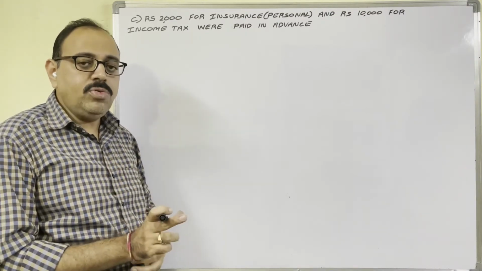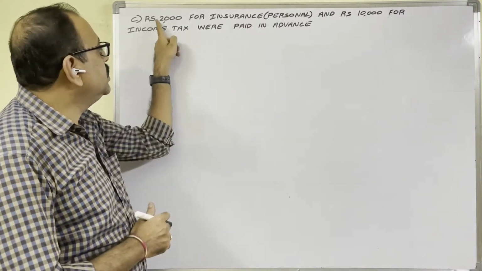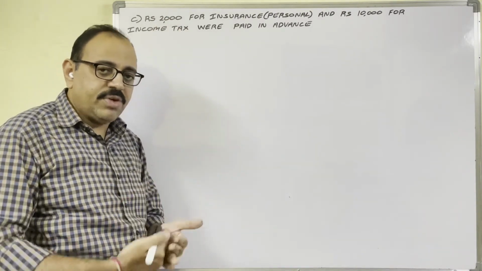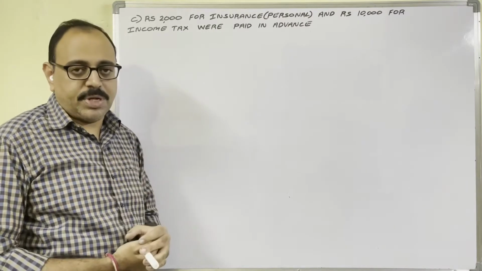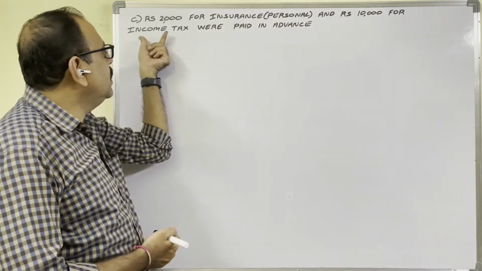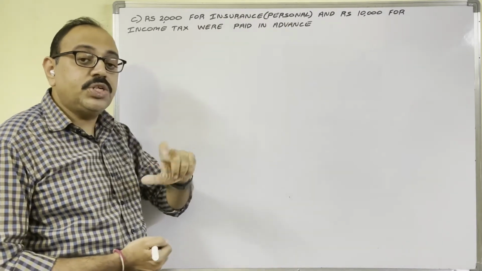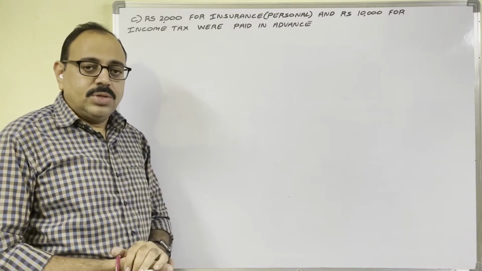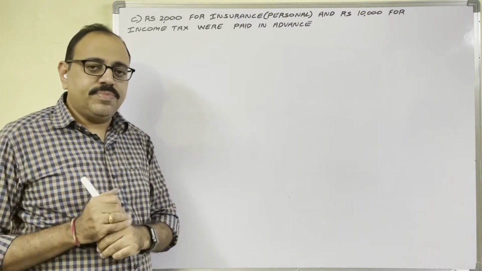That premium amount he paid from this business amount. So 2,000 rupees he withdrew from the firm for his personal purpose. Similarly, for a sole proprietorship business, income tax is an expenditure of the owner. This is personal expenditure of the owner. So the owner is doing some job.